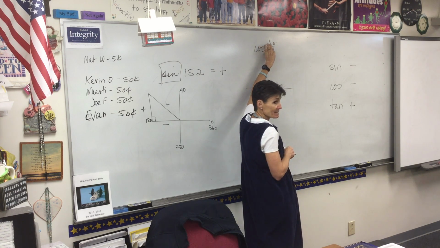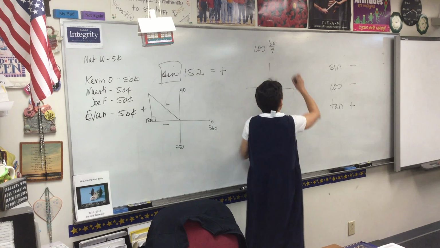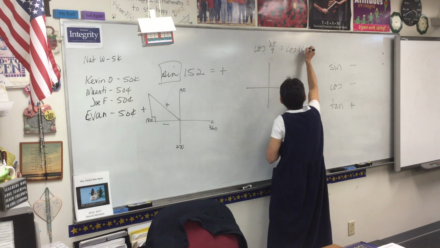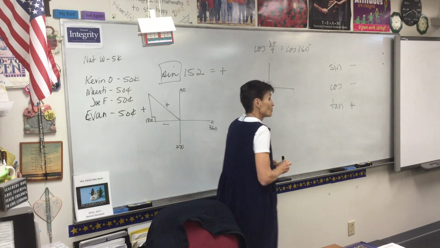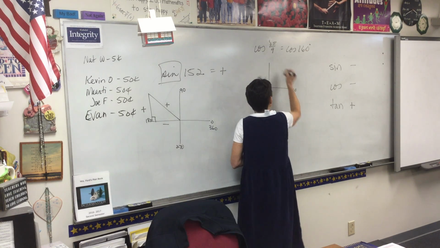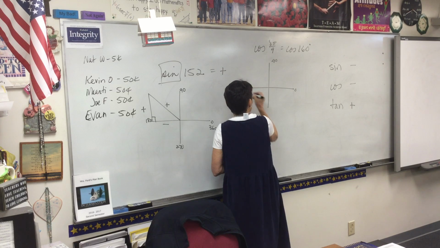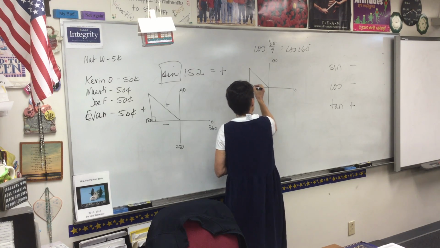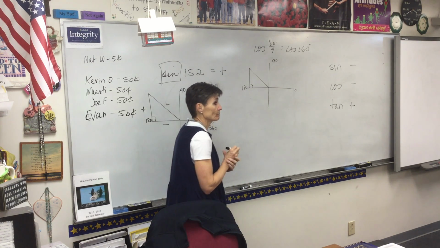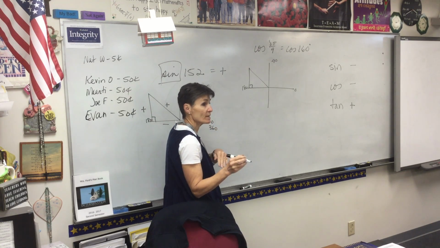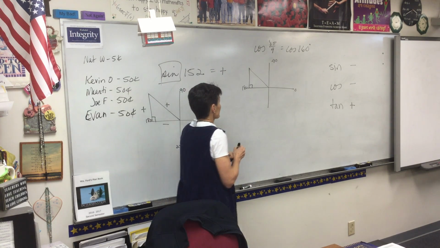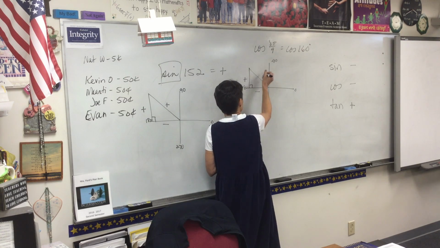And 20 times 8 is 160. So if you want to change that to degrees, you can. And then where is it? Second quadrant again, right? I'm going to go ahead and finish it, and I'm going to show you the other way to do it. So we have a negative, a positive, and a positive.